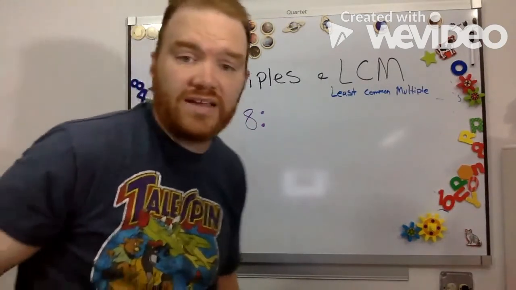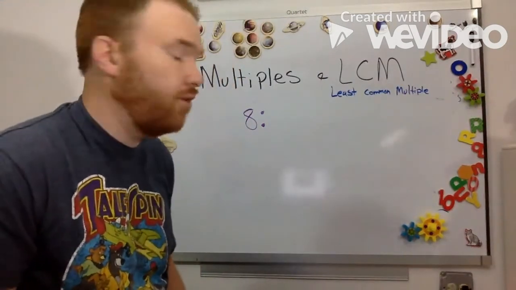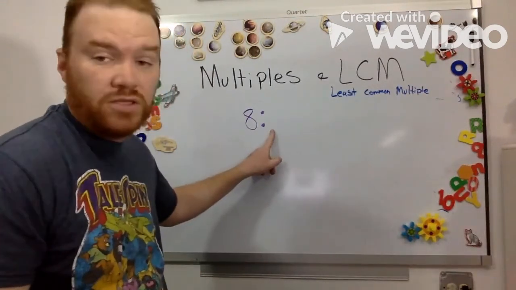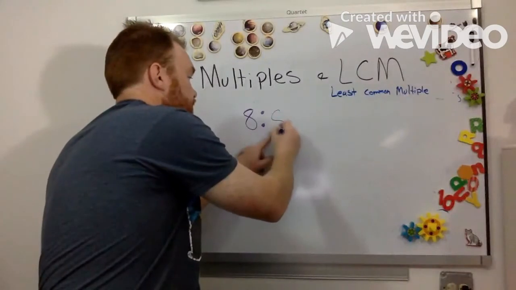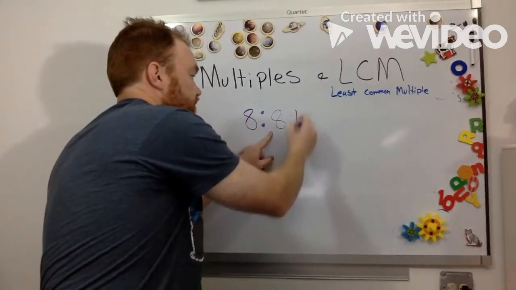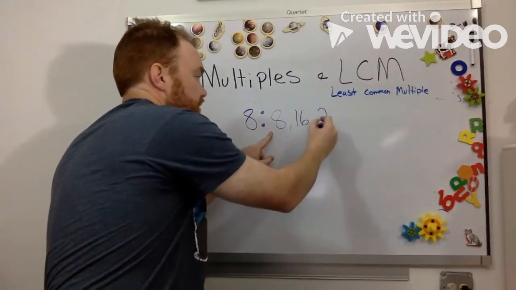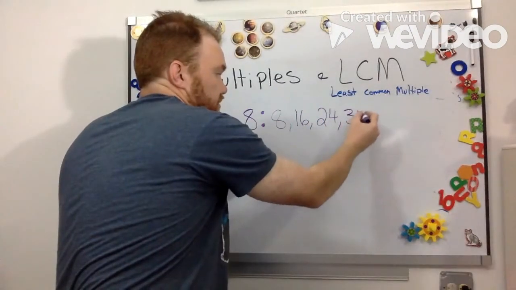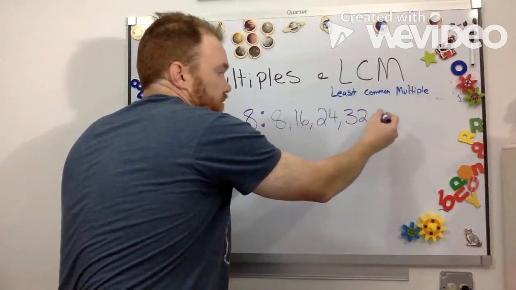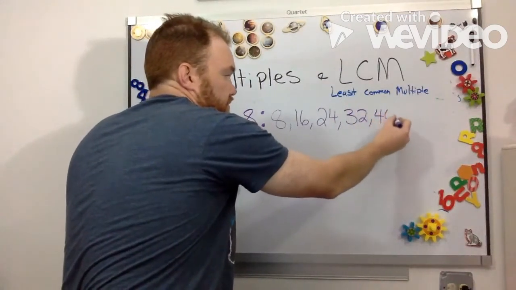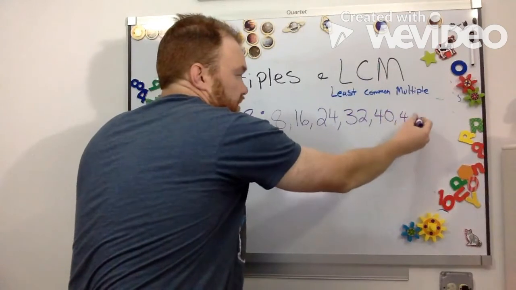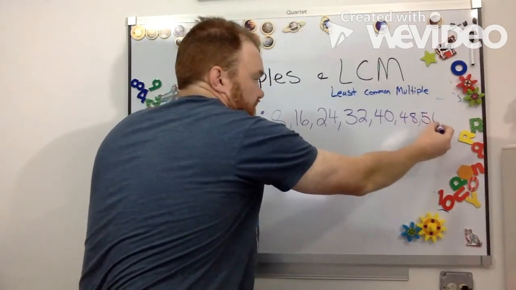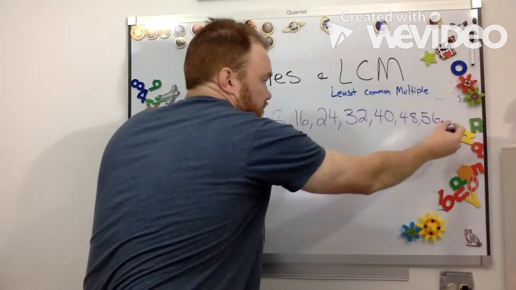Okay, good. We're back. Hopefully you listed out all the multiples of 8. 8, 16, 24, 32, 40, 48, 56, and I'm going to do dot, dot, dot.